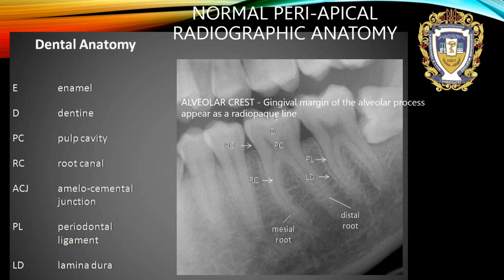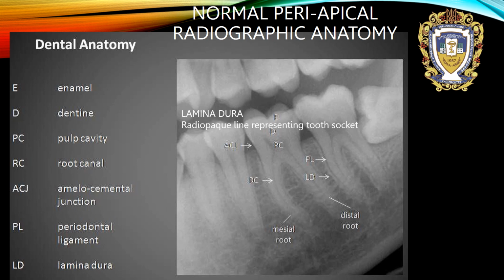Alveolar crest: the gingival margin of the alveolar process appears as a radio-opaque line. Periodontal ligament space: narrow, radiolucent line around the tooth surface. Lamina dura: radio-opaque line representing the tooth socket.